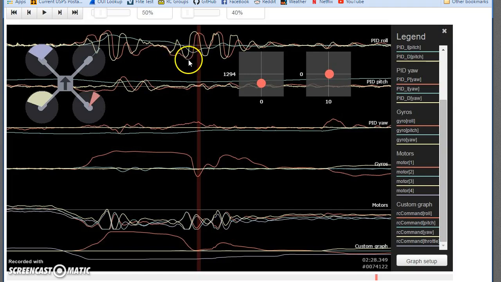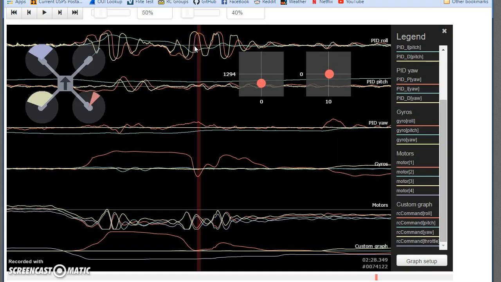But notice that at this moment, P goes positive. P realizes that we have reached zero angular rate. You see, right here, and right here, and right here. The stick is centered, the gyro is reporting zero angular rate, and P says, okay, we did our job.